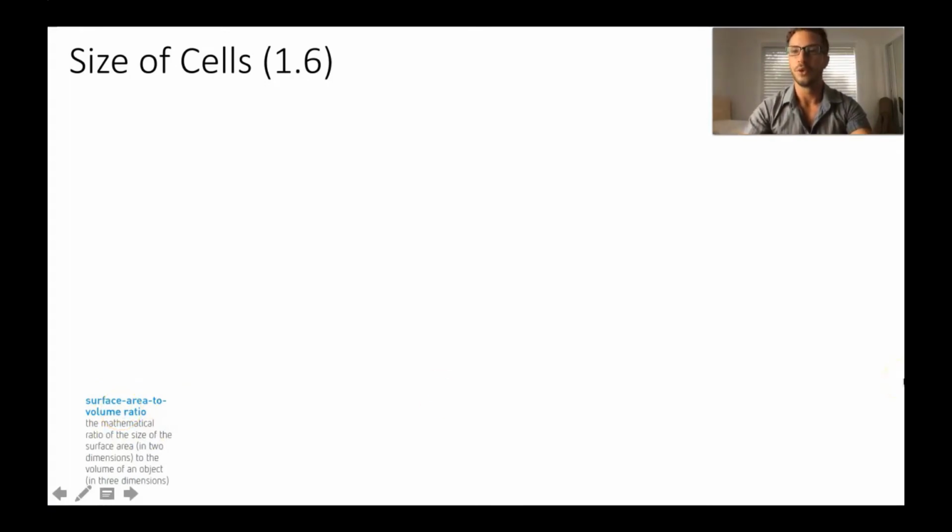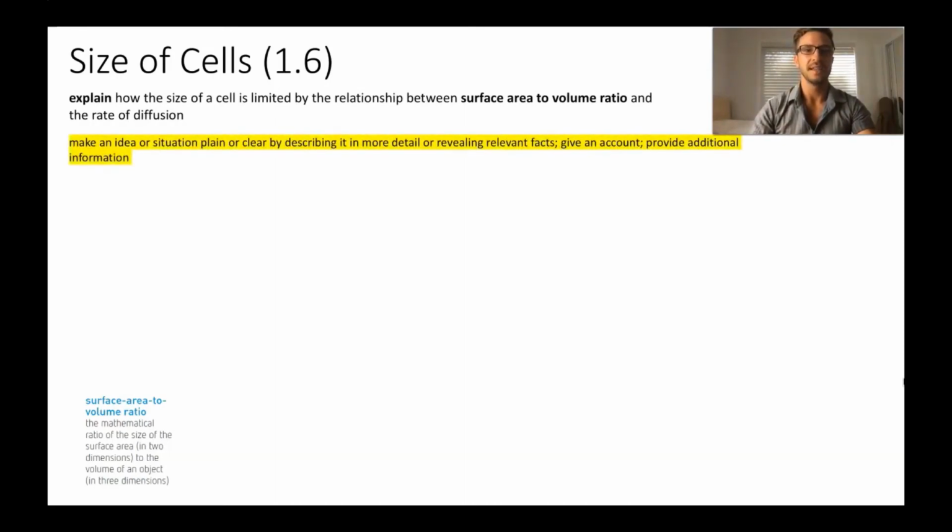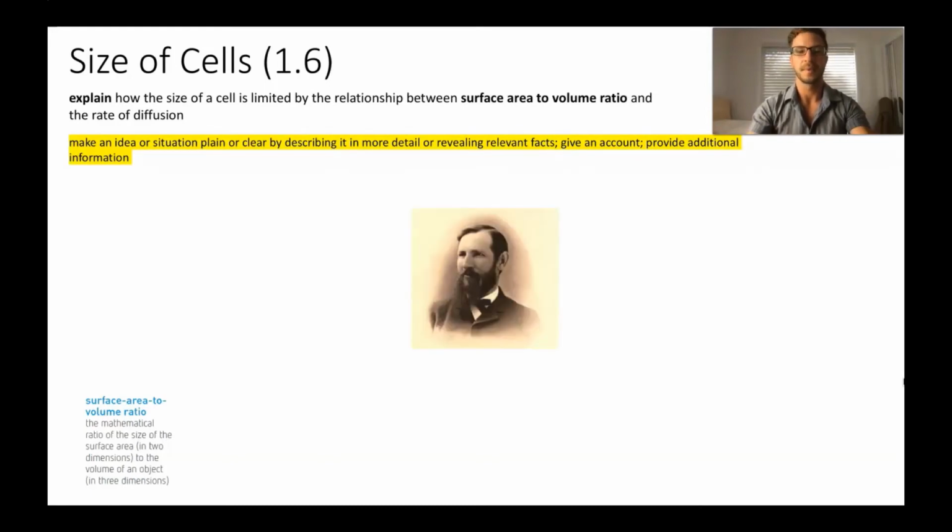Before we go too into it though, let me introduce this man after the learning goal. Surface area to volume ratio, we want to explain what that is, and to explain means to describe in detail. This is the man. His name is Joel Allen, and he was an American zoologist who back in 1877 invented Allen's rule, named after him.